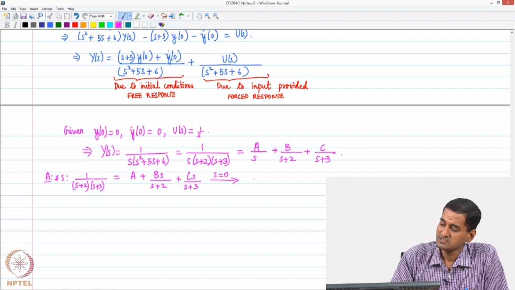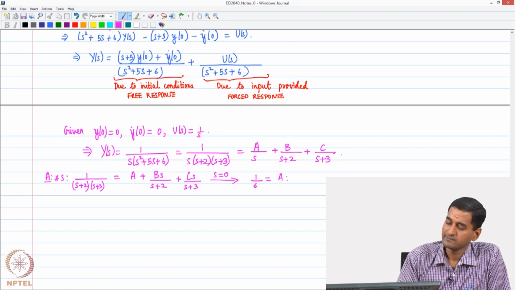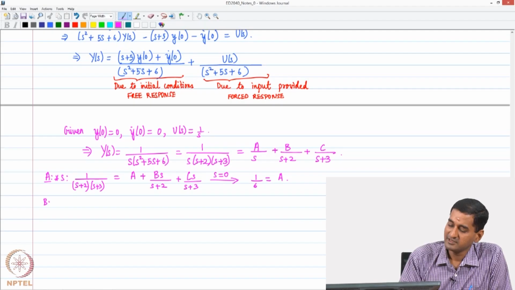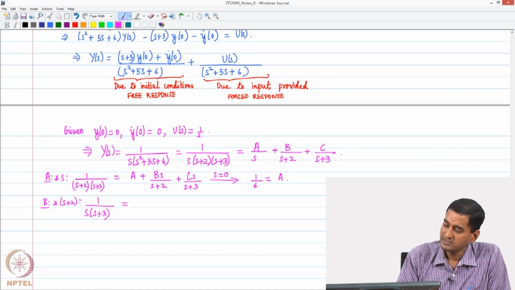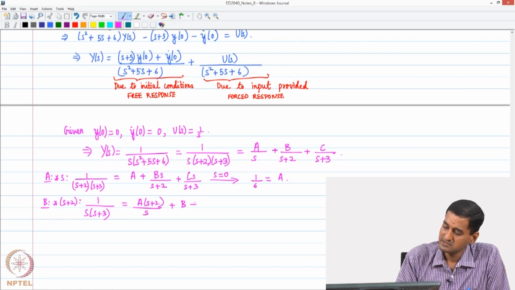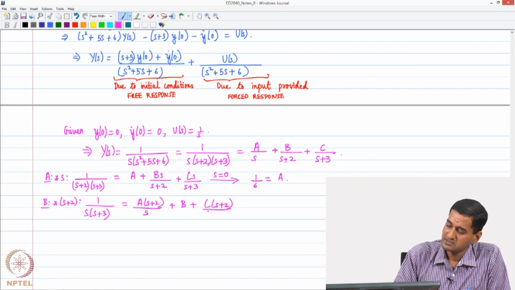Consequently, I will get 1 by 6 on the left hand side and just a. Similarly, if I want to find b, I multiply by the factor in the denominator of b, which is s plus 2. So I will get 1 divided by s times s plus 3, equal to a times s plus 2 divided by s plus b plus c times s plus 2 divided by s plus 3.